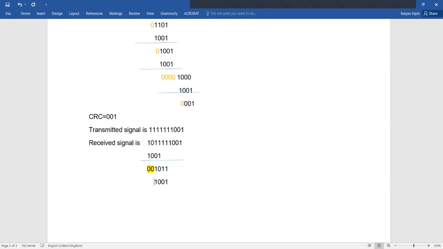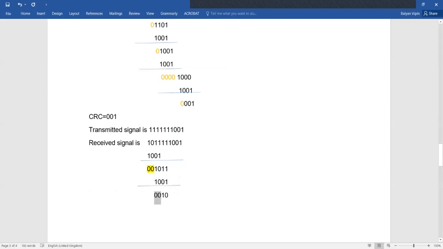Then this is 1 and 1 is 0, 0 and 0 again 0, 1 and 0 is 1, and this is again 0.